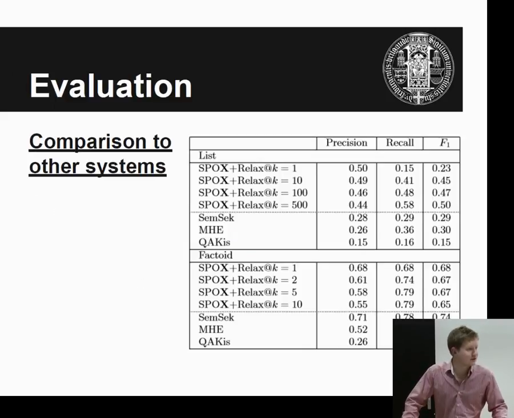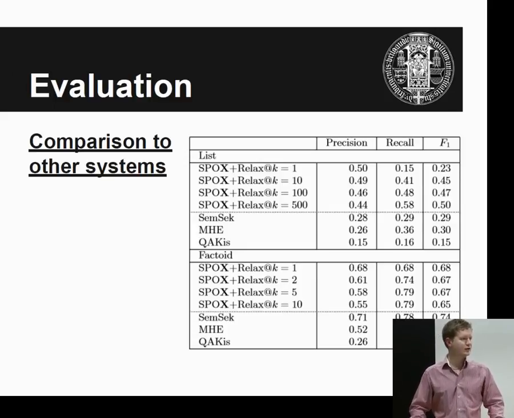They have also compared their system against other systems from the QALD-2 workshop: SAMSEC, MHE, and Quarkis. The problem was that these systems were not really comparable to SPOX plus relax because they do not have so many answers.